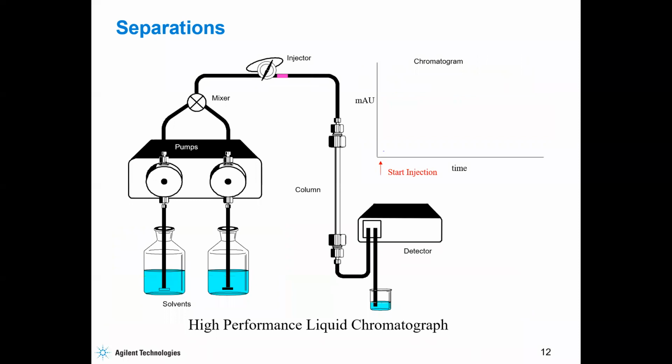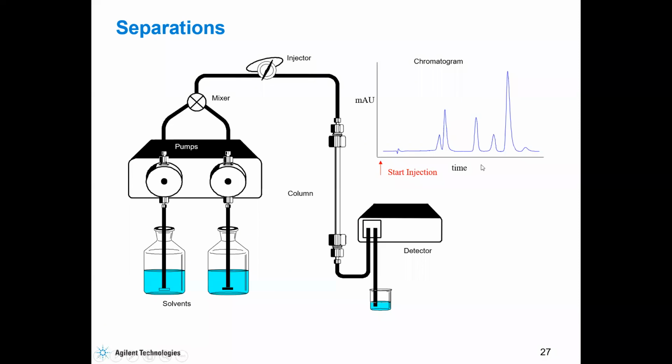So your sample is injected. They are running through the column. And at different retention times, you can see this one is the one that is coming out last. As they are getting to the detector, a chromatogram is seen and everything goes into the waste.